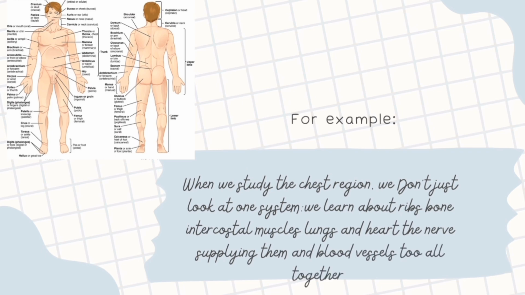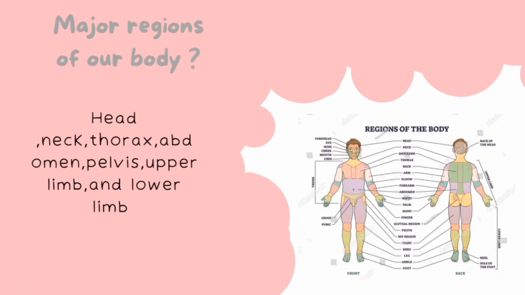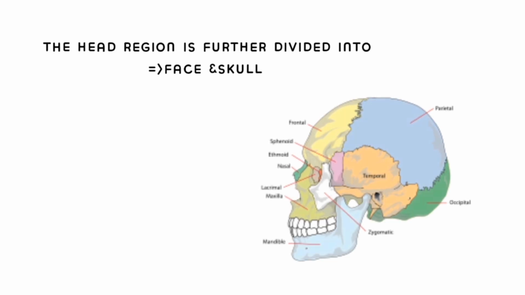Now, what are the major regions of our body? They include head, neck, thorax, abdomen, pelvis, upper limb and lower limb. The head region is further divided into face and the skull. In the thoracic region, can you guess which major organs are found? Yes guys, that's the heart and lungs.